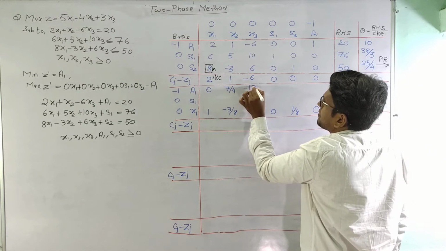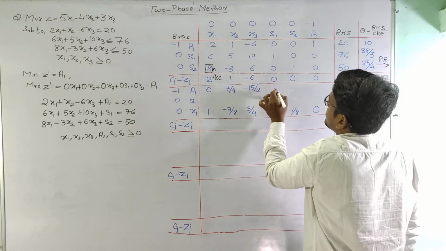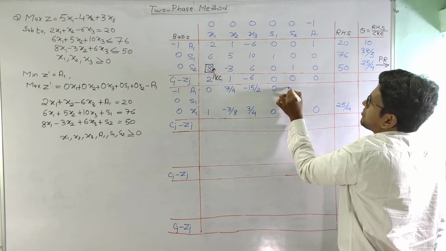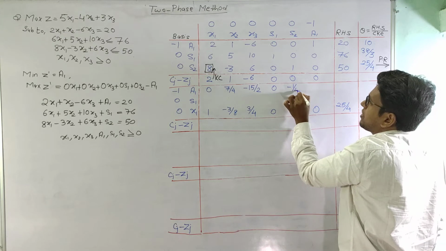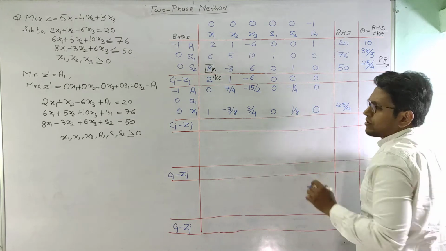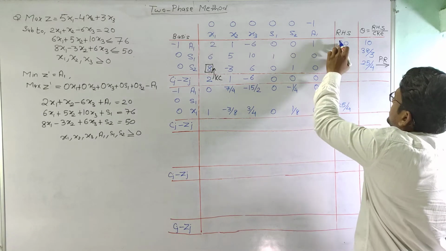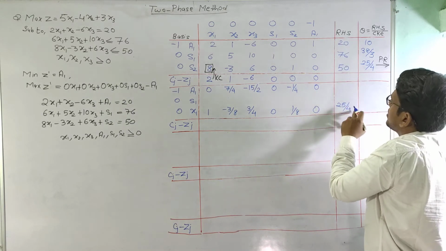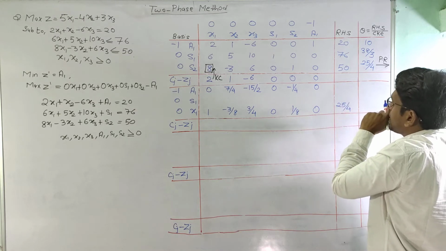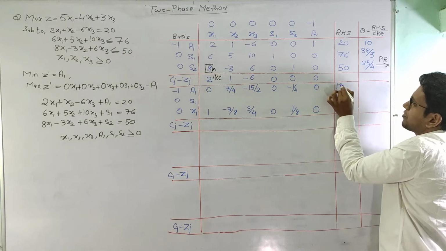Then 0 minus 2 times 0 is 0, 0 minus 2 times 1 by 4 is minus 1 by 4, 1 minus 2 times 0 is 0, and 20 minus 2 times 25 by 4, that means 20 minus 25 by 2, this will be 15 by 2.